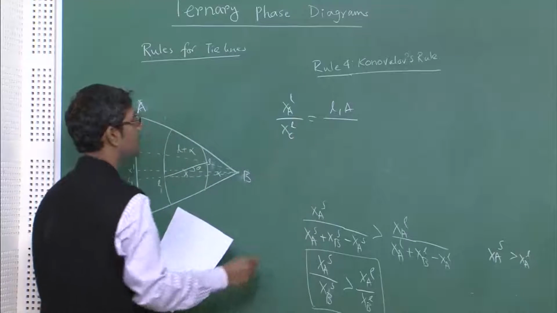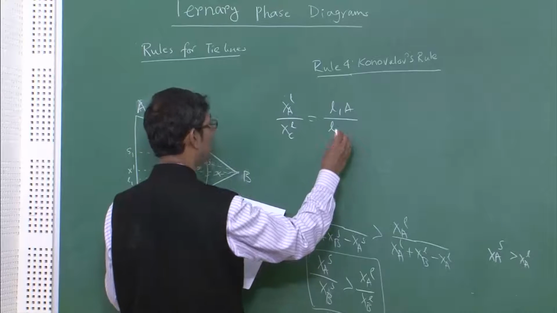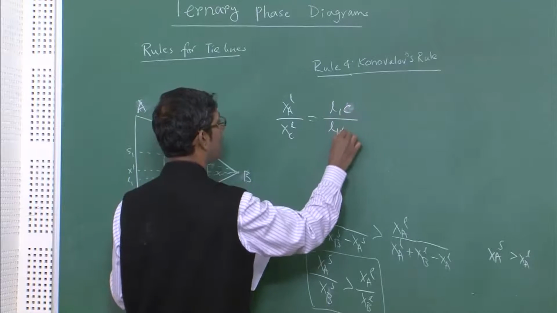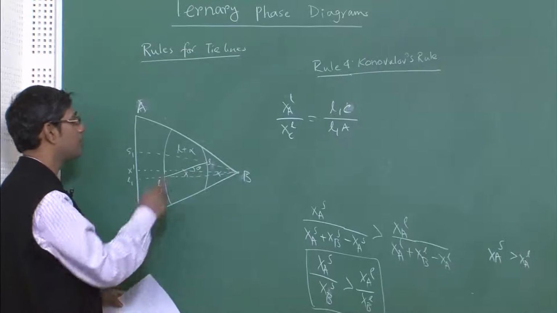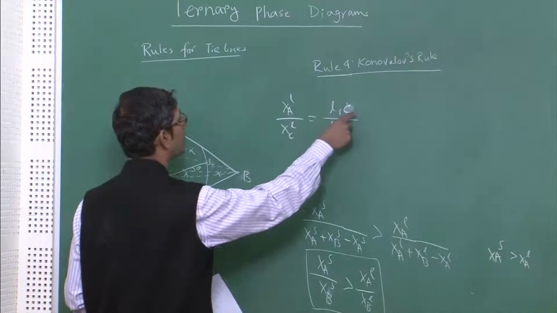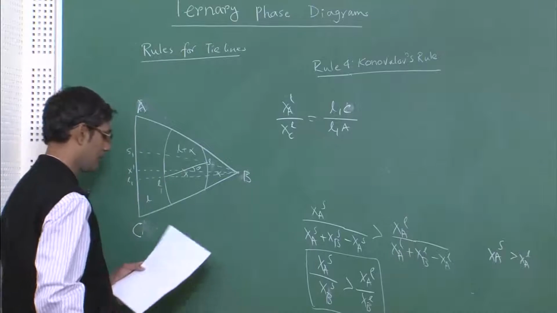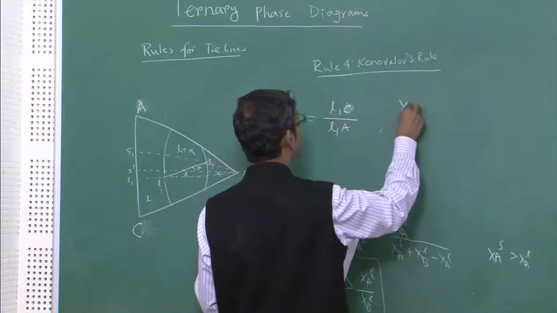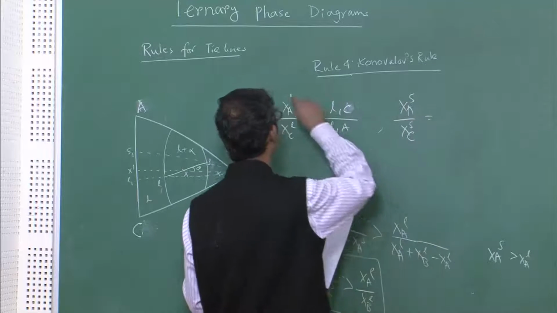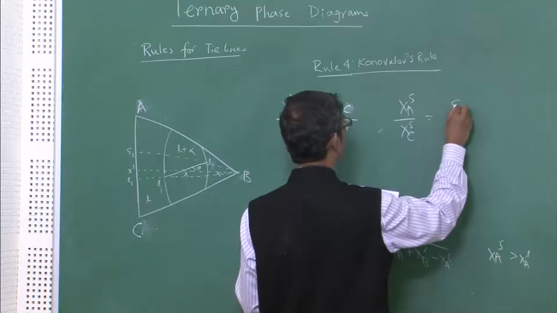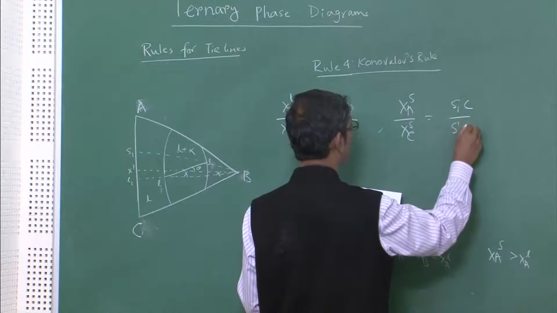Similarly, X_C^L is L1A divided by AC. So, that is why I have written X_A^L divided by X_C^L is equal to L1C divided by the opposite arm, L1A. Again, X_A^S divided by X_C^S, S means solid, L means liquid, is equal to S1C divided by S1A.